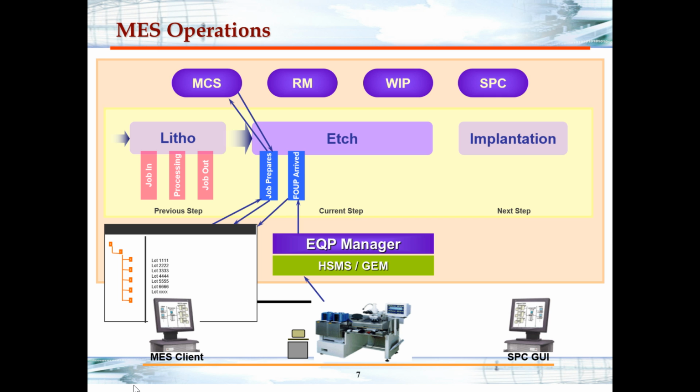Is this equipment the next stage for this FOB? If yes, then just track in. Otherwise, you need to reject this cassette so that it will go to the other destination. So after the cassette has arrived here, then we need to check the WIP, right?